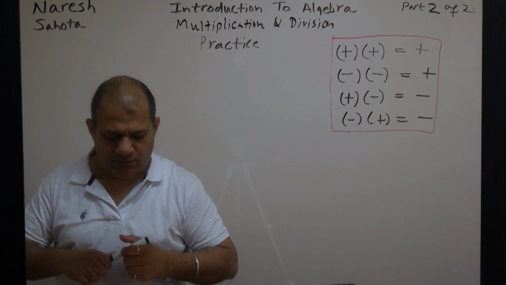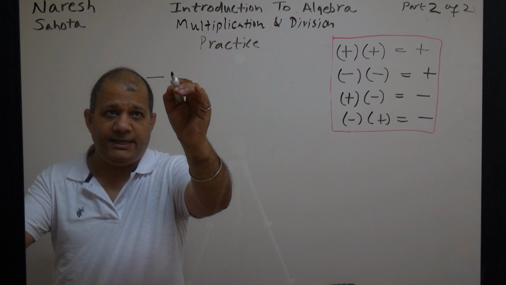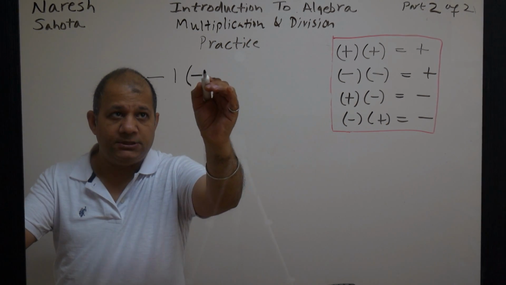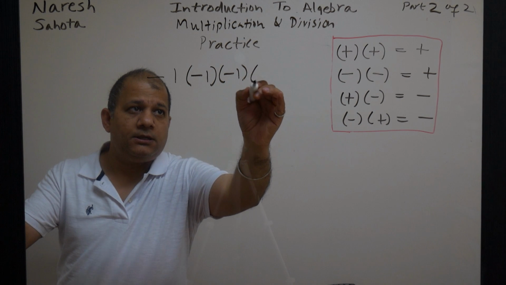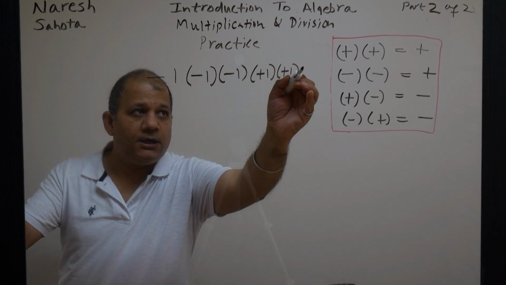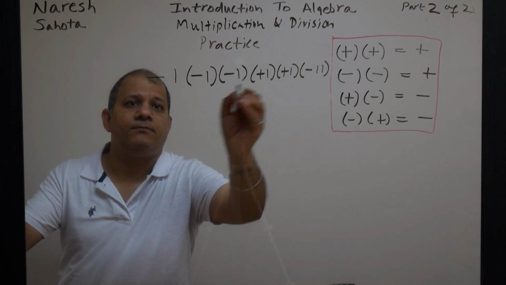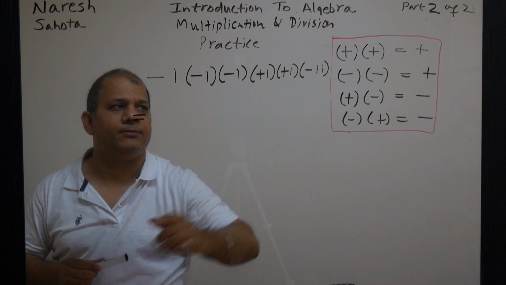Okay, so now let's look at this one. Negative 1 times negative 1 times negative 1 times positive 1 times positive 1 times negative 11. Here I see a lot of 1s, right? But this is 11.